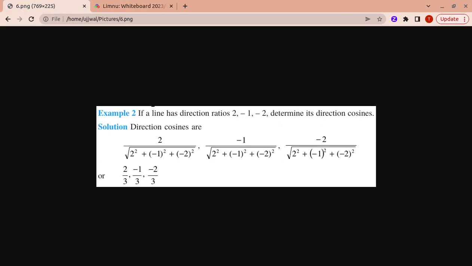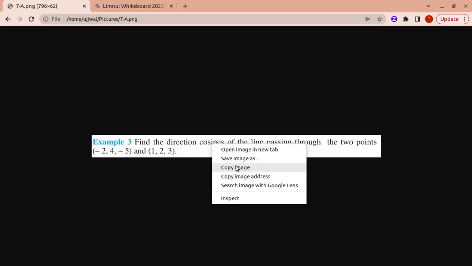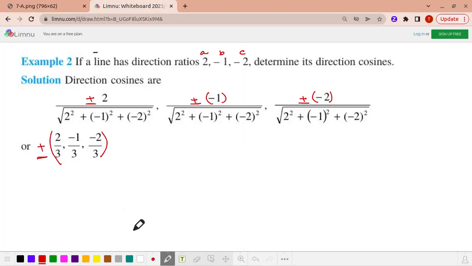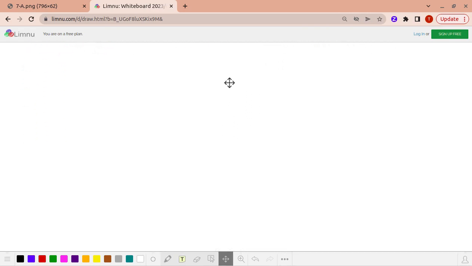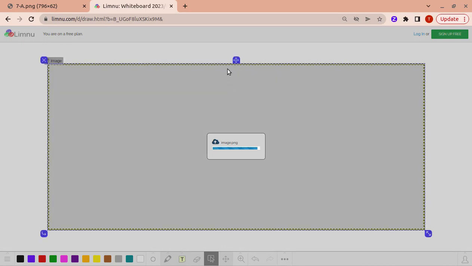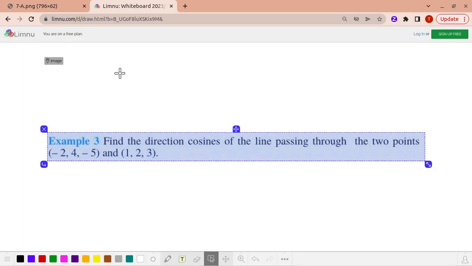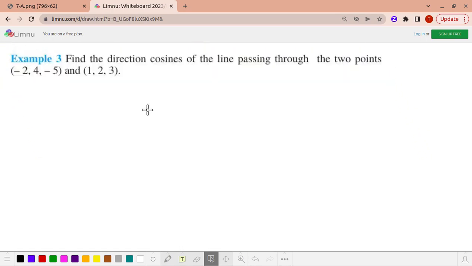Now let's proceed to the third question, and I am going to place it here. Here is the question: find the direction cosines of the line passing through the two points.